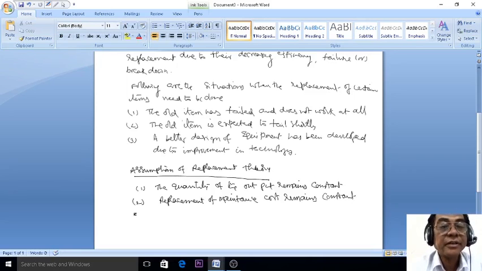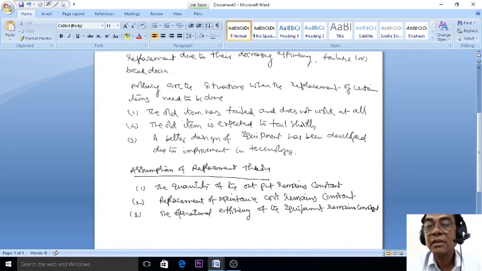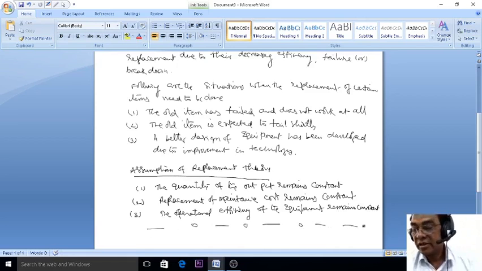Third, the operational efficiency of the equipment remains constant. So these are important notes.